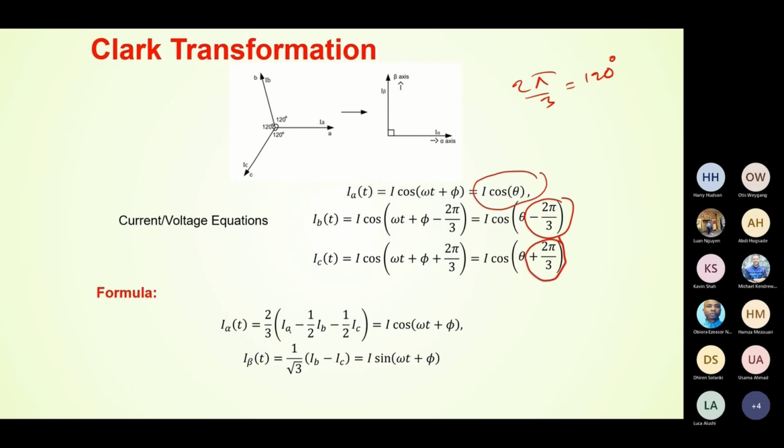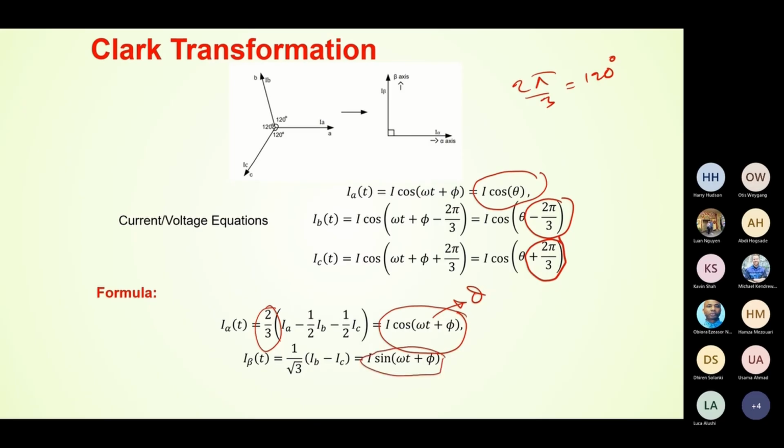If you apply this formula, IA minus half IB minus half IC, and you multiply it by this constant, you will get I cos(omega t plus phi), which is the theta. And here you have I beta. If you take this simple algebraic sum, you will get I sin(omega t plus phi).